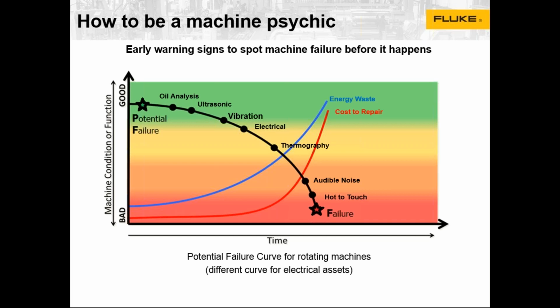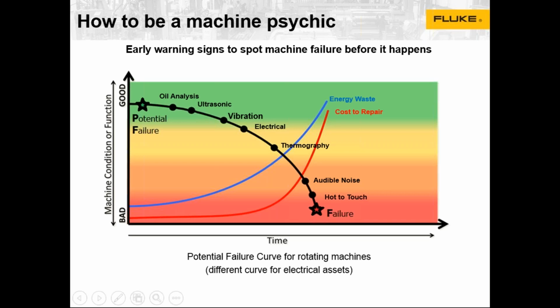When a machine first starts to fail, it fails in this degradation curve. When it finally fails over to the right, just before it fails, it's hot to the touch. Before that, it's audible. And then before that, we can see it with thermography, and then electrical, and then way before that, vibration, ultrasound, and oil analysis.